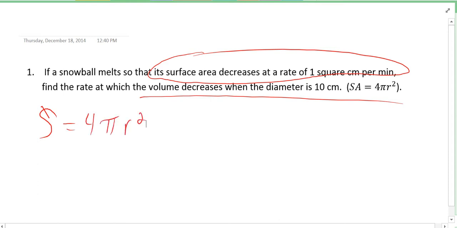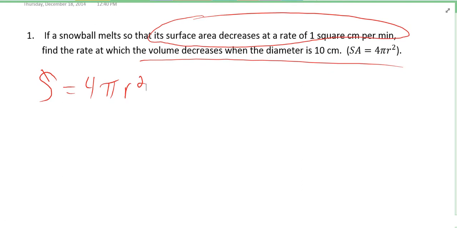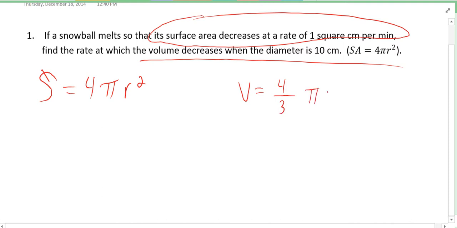When we derive that, we get dr dt and ds dt. We know ds dt, so we can find dr dt. That's useful because what we really want is dv dt. From the volume equation, if you derive that, you get a dv dt and a dr dt. So if I know dr dt, I can find dv dt. And if I know ds dt, I can find dr dt. And I know ds dt.